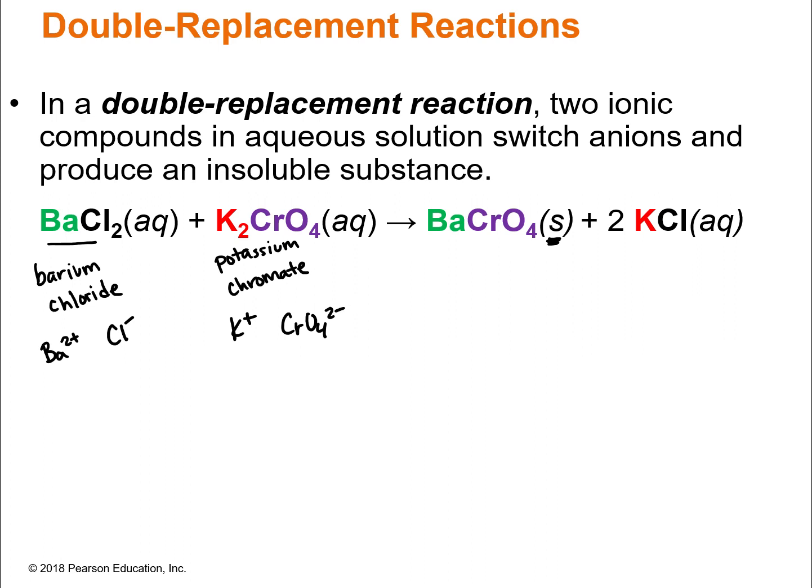That chromate is one of the polyatomic anions. When they're mixed together, the barium and the chromate get the opportunity to meet each other. And when they do, they say, oh, let's fall out of solution. Let's be a little bit different.